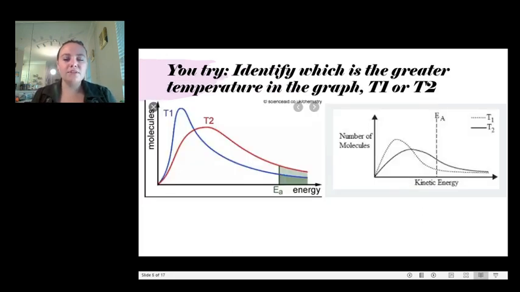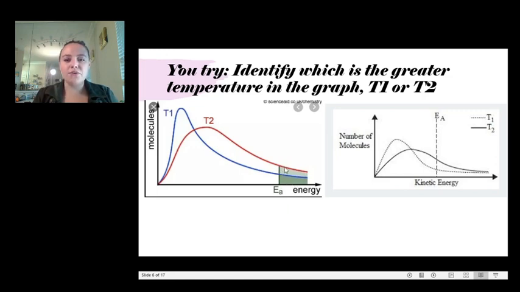So try and figure these two out. Pause the video, figure out which is the greater temperature, T1 or T2. So we see that in both graphs, T2 has a greater area on the other side of this EA, this activation energy.